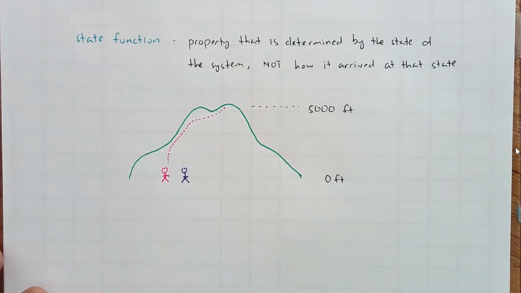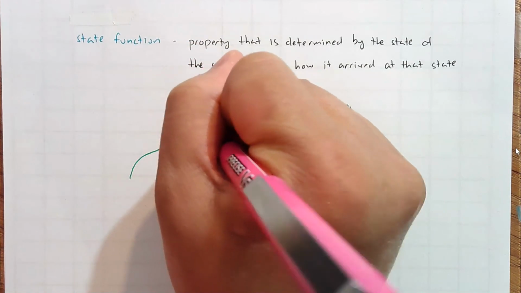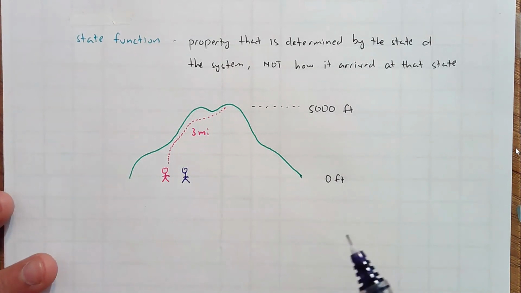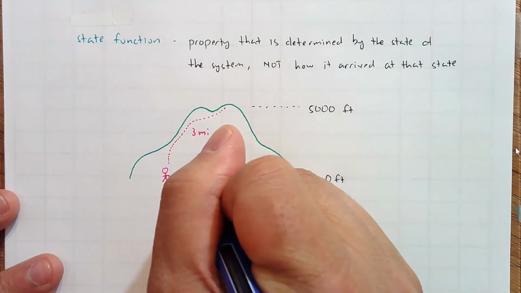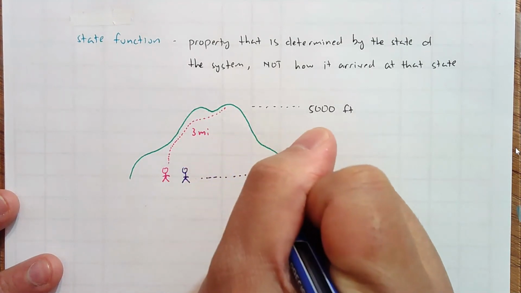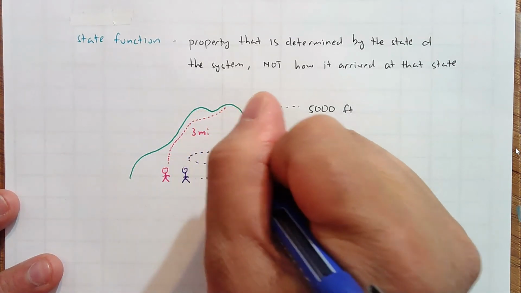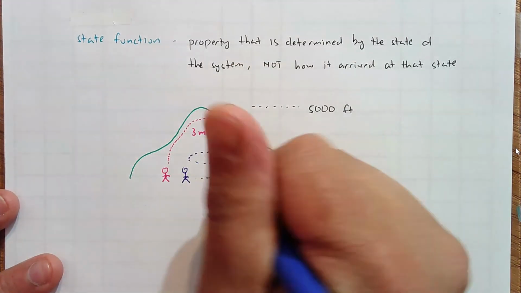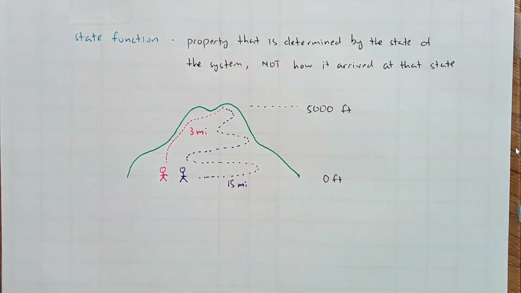And let's say it took them 3 miles of walking. Okay. The other person wants to stroll, maybe not exert so much energy going up, so they'll take more of a flattened path, less steep, maybe is what we can say. And that person walked this path for 15 miles.